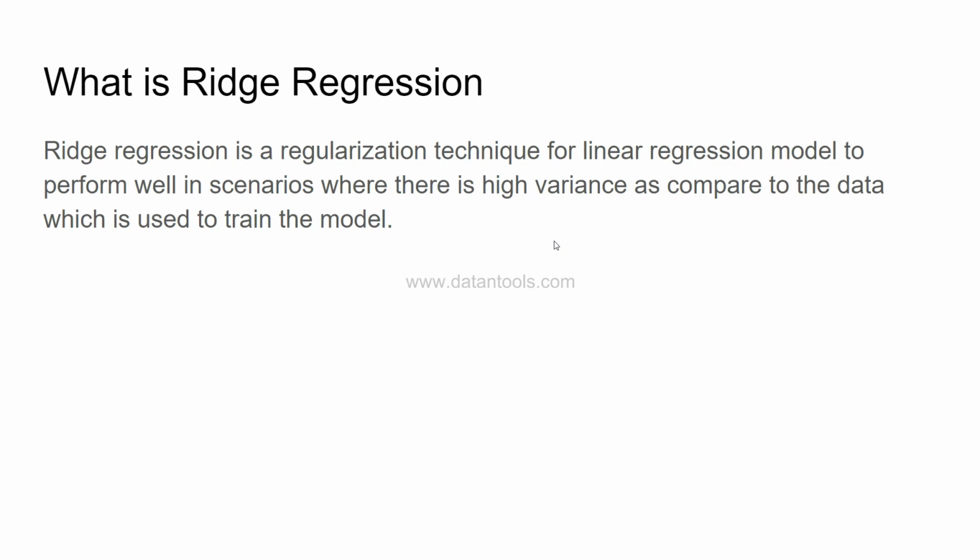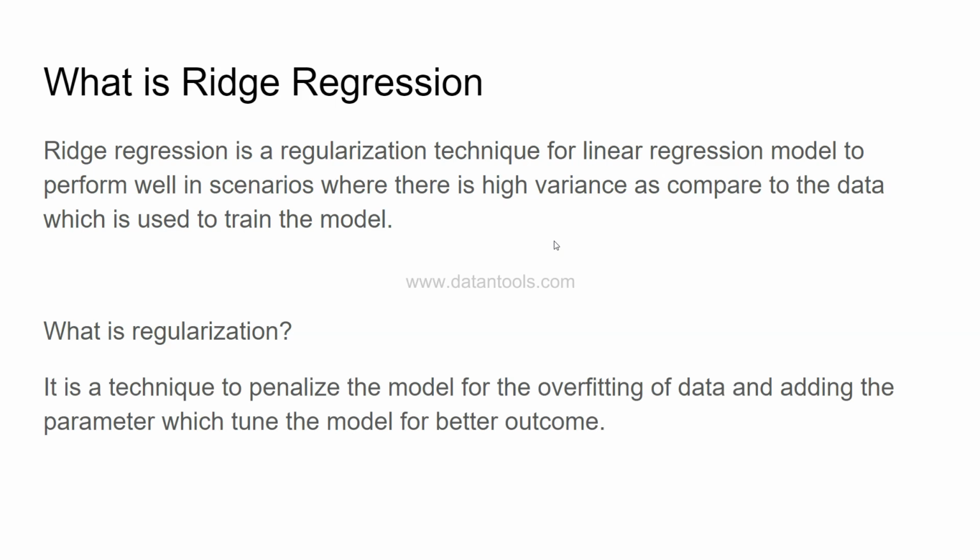So what ridge regression basically does, it uses a regularization technique which penalizes the model for this high variance and then creates a new line or a new structure on the fly and gives you a better output by reducing the variance. And we will see in a couple of minutes how it does that step by step. Alright, so just a quick definition of regularization.